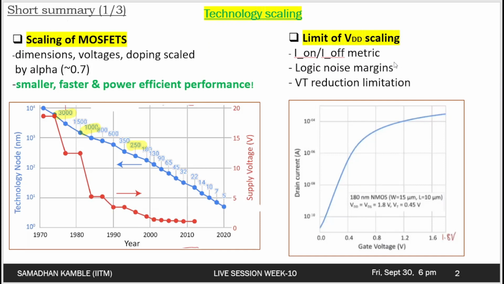Yeah, so the I on by I off metric. Once we know that this is I on and this is I off, this is an important metric for MOSFET performance.